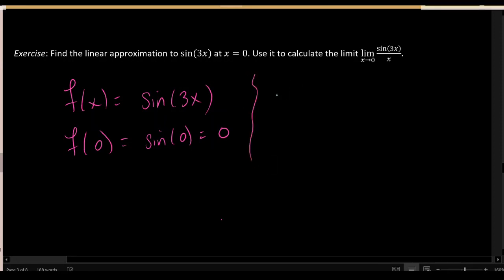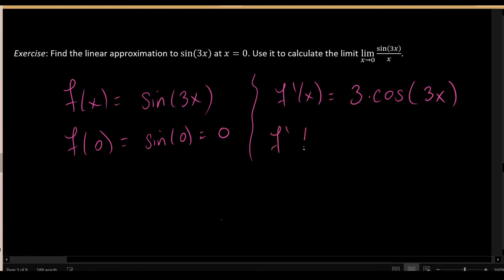Now what about the derivative? In this case, our outer function is sine of blank. The derivative of sine is cosine of blank. The inner function, 3x, fills the blank, and the derivative of 3x gets multiplied.